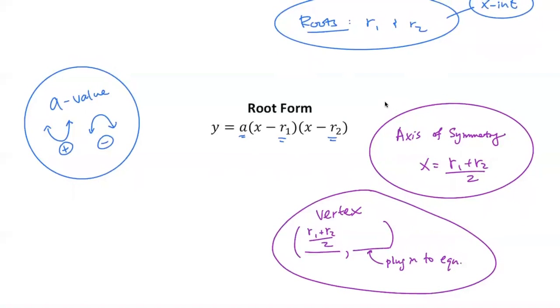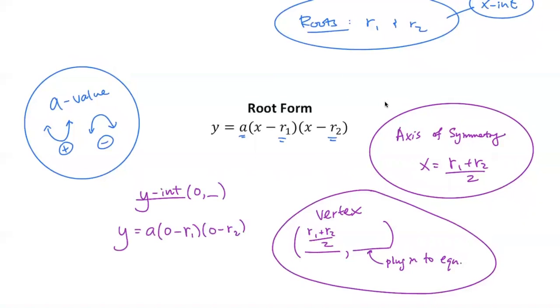And you can also find the y-intercept. To do that, remember that the y-intercept is always 0 comma something, right? So you can simply plug in 0 for x.